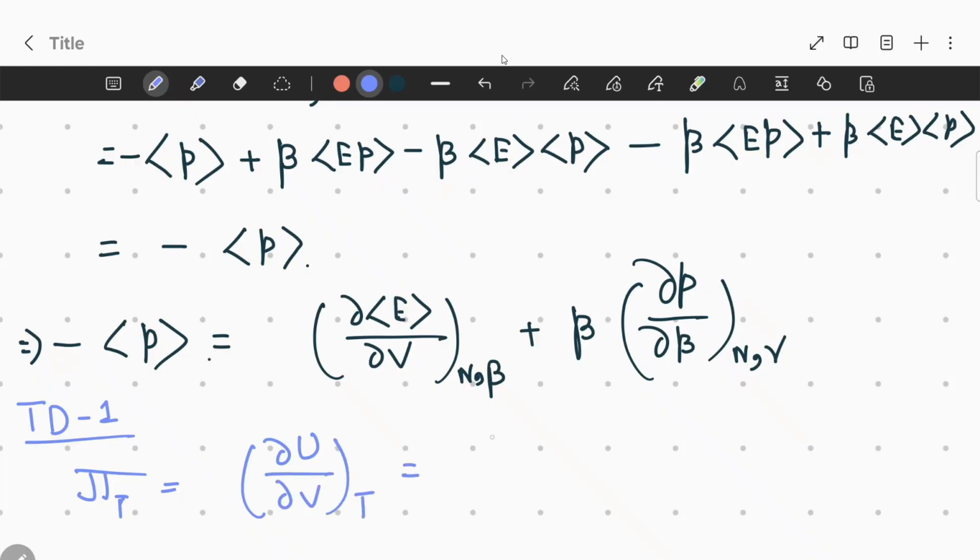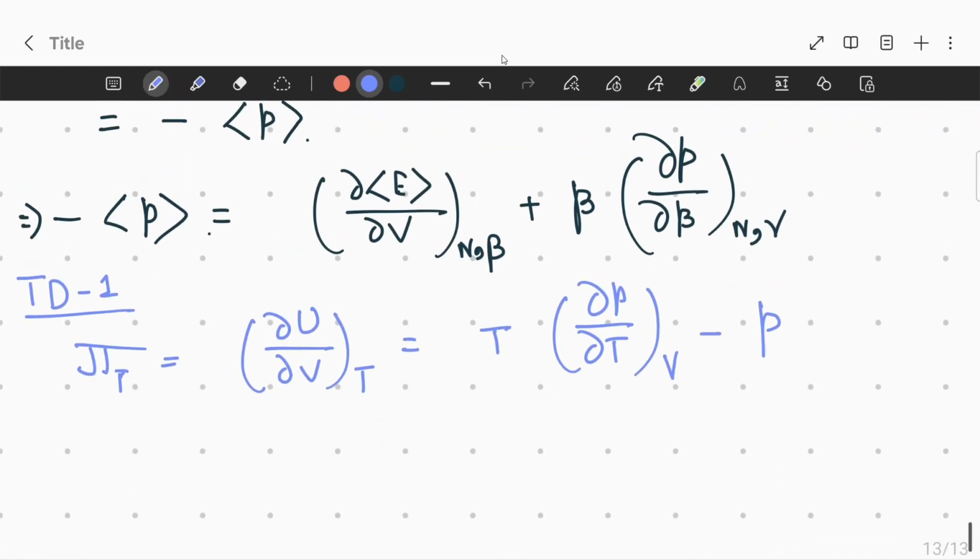And it was equal to T times del P del T at constant V minus P. Sorry, it is del P, del T at constant V. Okay, correct?